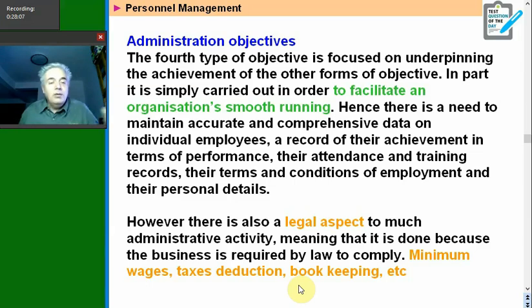So now we have proof that you fired the employee in the right way, so they cannot sue you. If you don't have that kind of data, it is going to be bad for the company, because the employee can sue you and you have to pay them. So that is the administration objective. Human resources has the responsibility to keep everything organized and the information kept, so they can run the company smoothly.